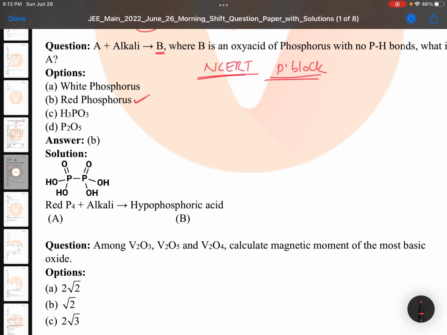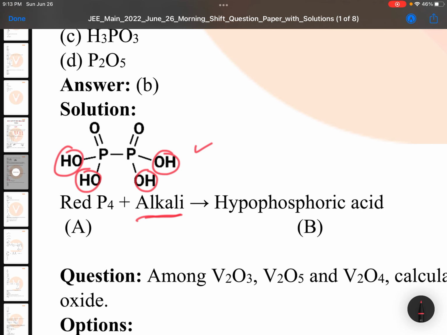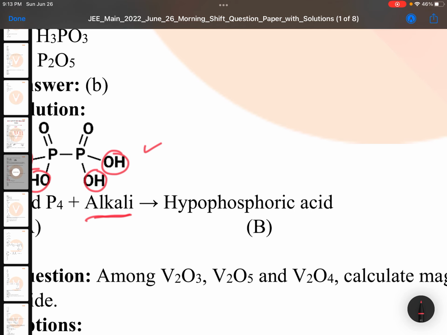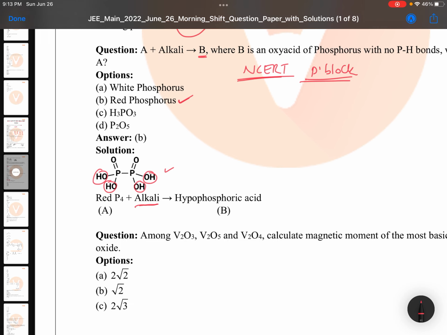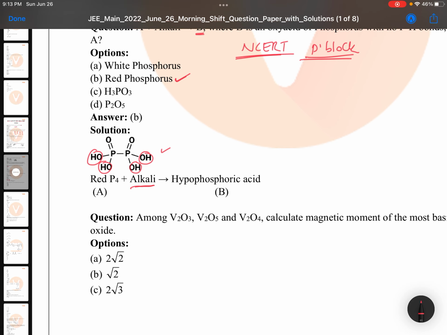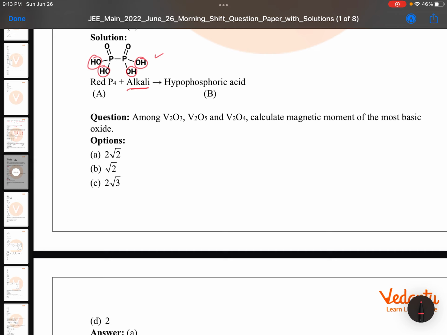Red phosphorus, when treated with an alkali like sodium hydroxide, gives this compound. Here OH, OH, 4 OH groups are there, and when 4 OH groups are there, there is no P-H bond. That is the question asked. So here the answer is red phosphorus. Completely memory. There is no logic in this.